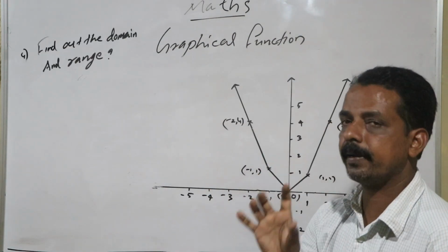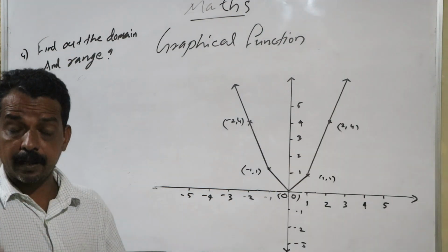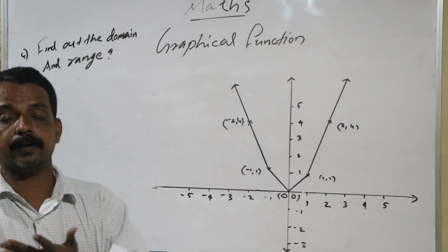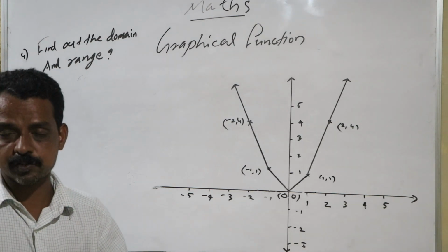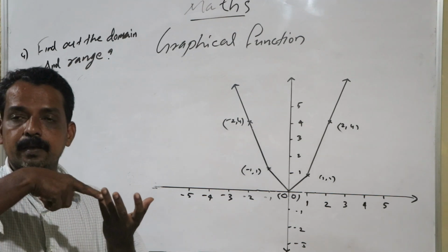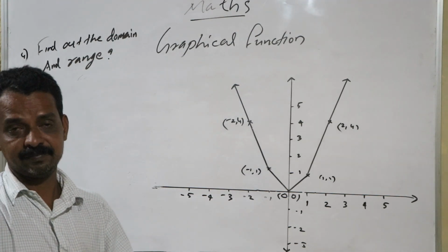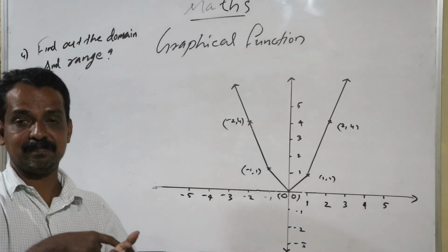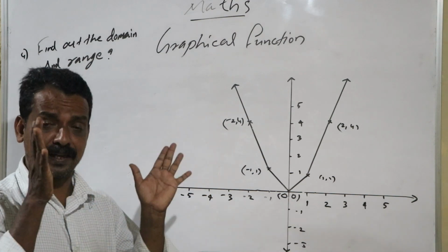Okay. It is the fourth question. Find the domain and range from the graph. That is very important. We can find the domain and range in various places, various questions: from a function in set builder form, from a function in roster form, from an arrow diagram, from a Venn diagram, and here, from a graph.